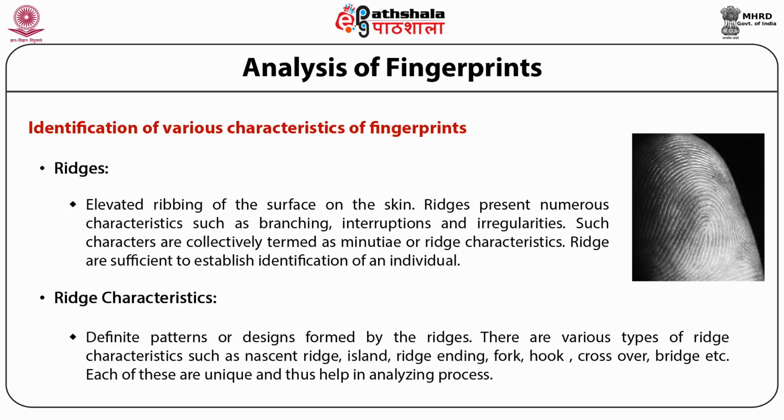There are various types of ridge characteristics such as core, ending ridge, short ridge, delta, hook, eye pattern, dot or island, crossover, bridge, enclosure, and special ridges.